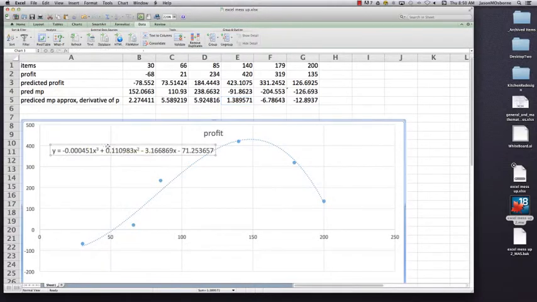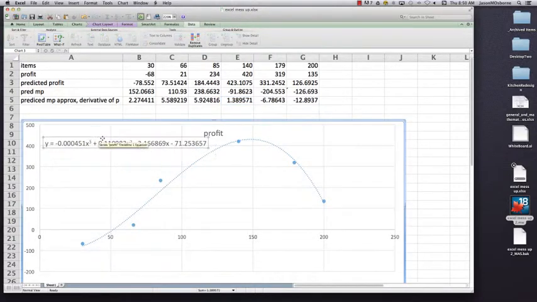So the whole point of this video was just to resolve this issue with the number of decimal places in the formula that Excel is showing us, and we need to ask it by formatting the trendline label.